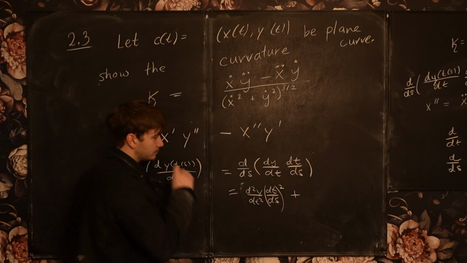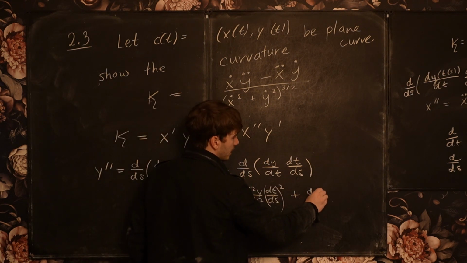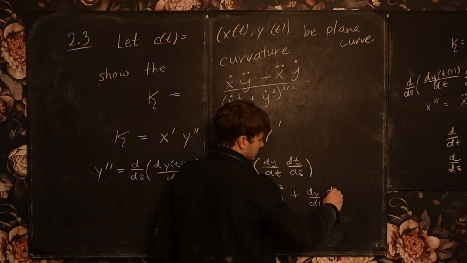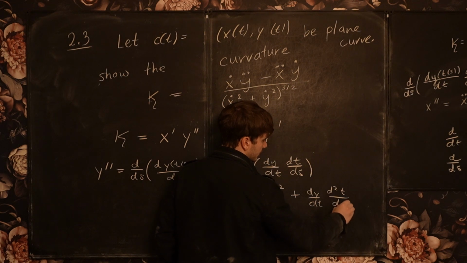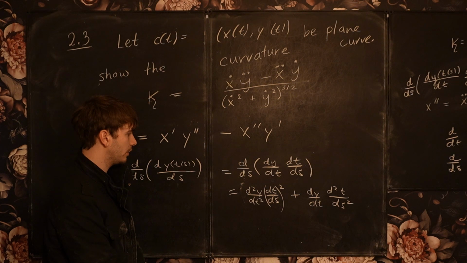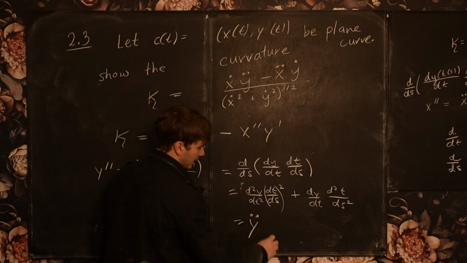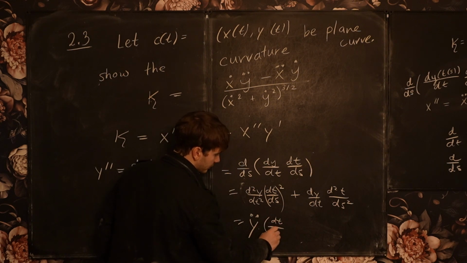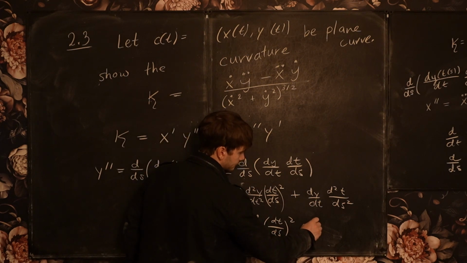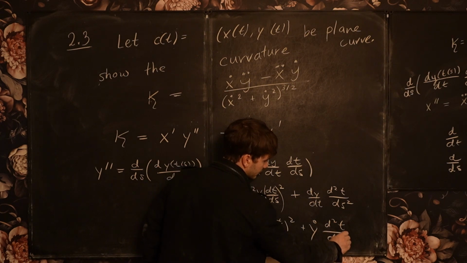And then I have the derivative hitting the second factor, so I have a dy over dt, and then a d squared t over ds squared. Wonderful. So let's write it in terms of our dots. This is y double dot times dt over ds squared plus y dot d squared t over ds squared.